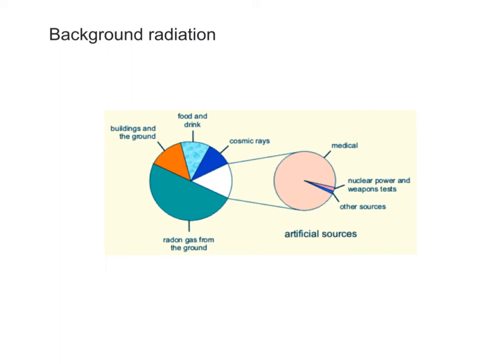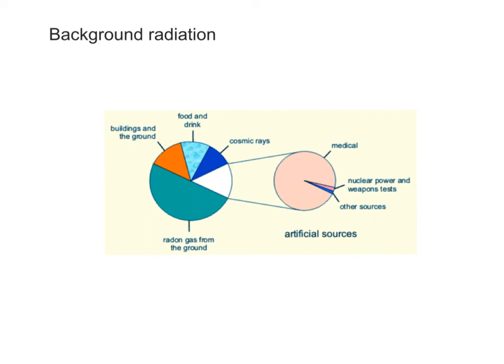Cosmic rays, this means rays coming from other galaxies and stars in the universe. And then also a certain amount from artificial sources, so nuclear power, the remnants of nuclear weapons, and medical sources used in hospitals to treat and diagnose diseases like cancer.